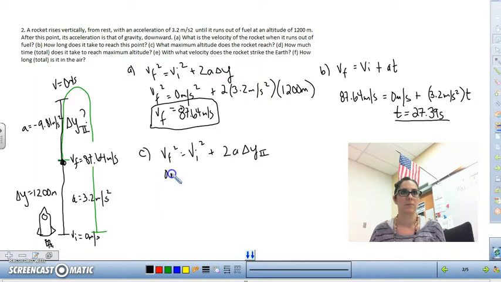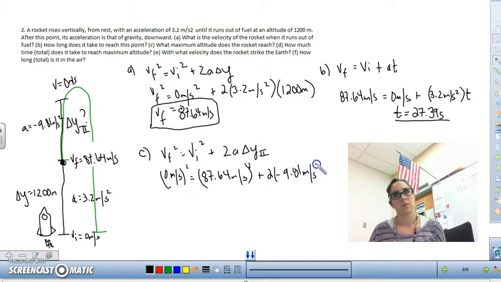So 0 equals 87.64 meters per second, and the square goes through the whole thing, plus 2a d. The d becomes our variable; this is what we're solving for.